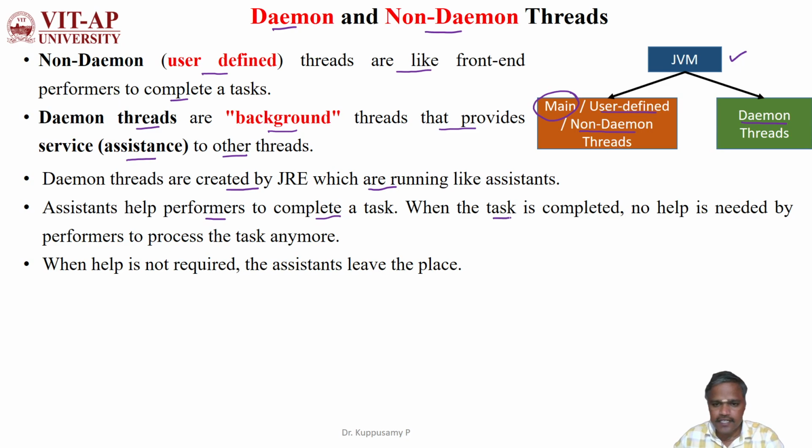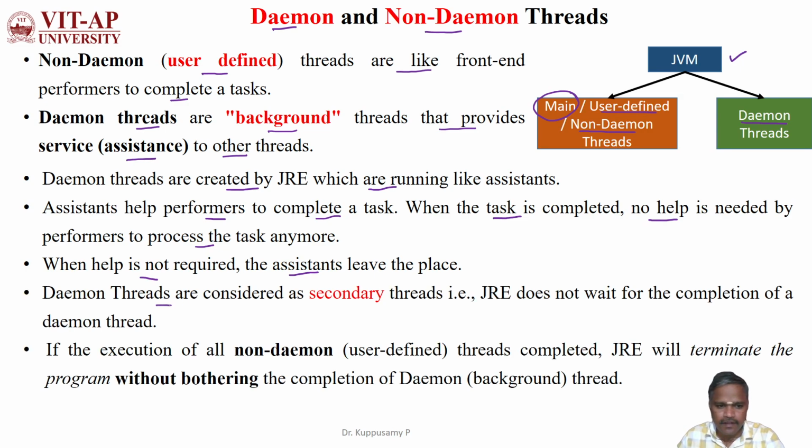Once that task is completed, the performers do not require any help from the assistants. So the help is not required from the assistants. That's why once that job is over, the assistants should leave that particular office premises. Likewise, here the daemon threads are considered secondary threads which help the front-end performers, that is, user-defined threads.